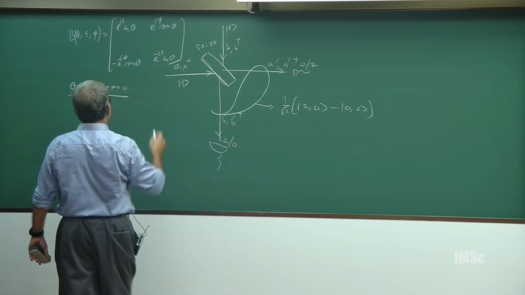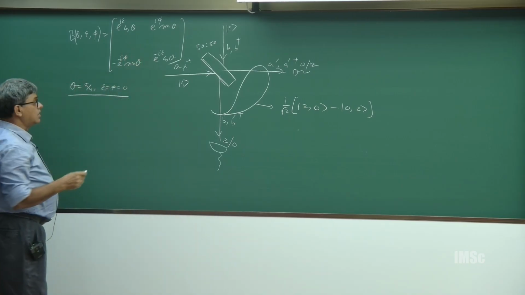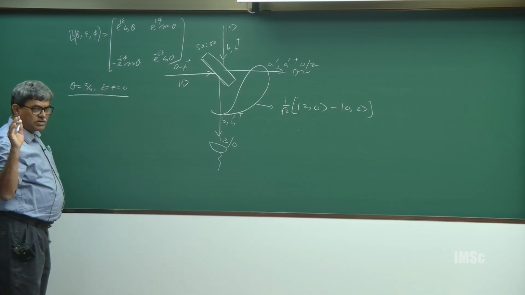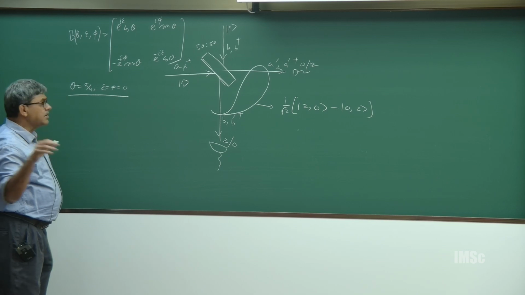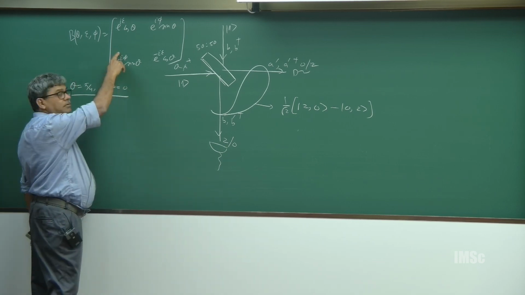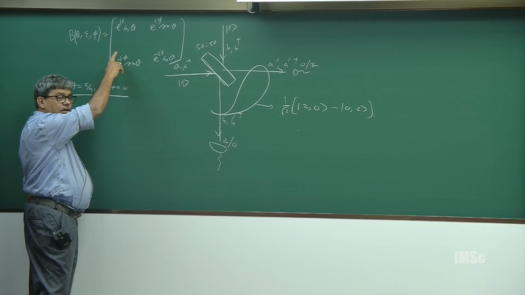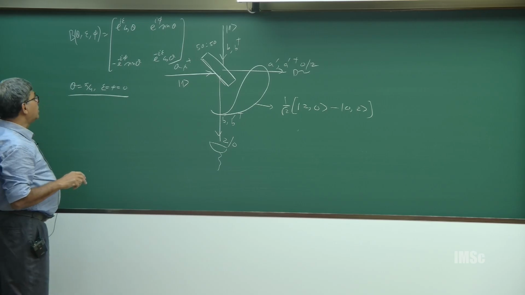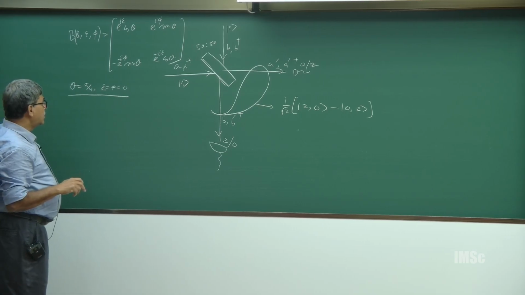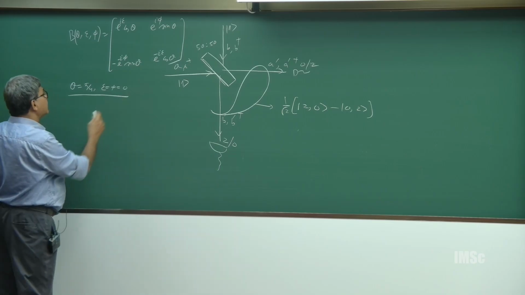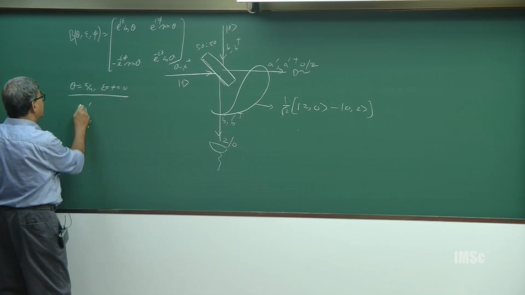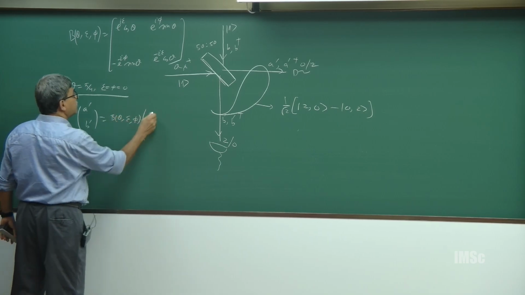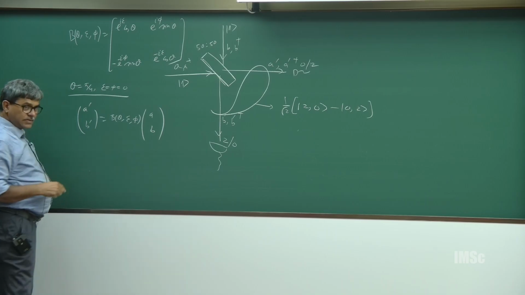So, this is the matrix, this is the transformation, this is a unitary matrix, 3 parameters. A 2 cross 2 unitary matrix of determinant 1 can be represented by 3 parameters. So, this is a fully general 2 cross 2 unitary matrix with determinant 1. And so, the field operators will change like this. A prime and B prime will be like B of theta, epsilon, phi, this is a matrix acting on A and B. This is how it changes.